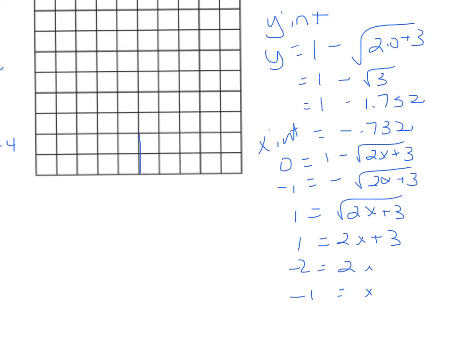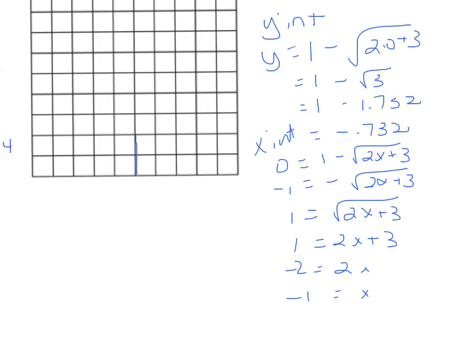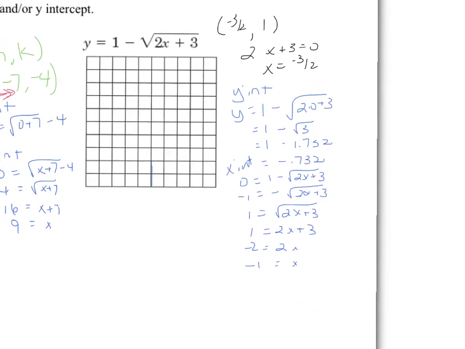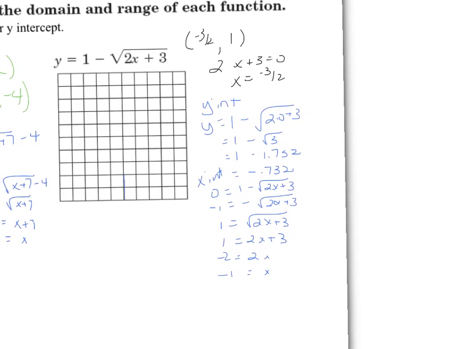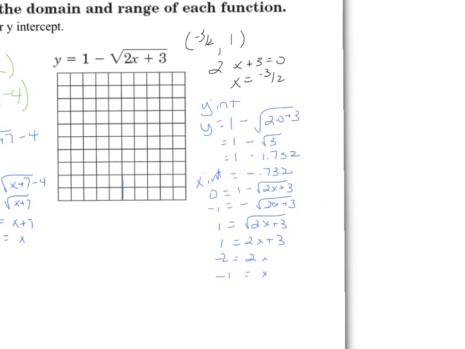So let me shrink this back down again and go over here and put in some axes. I know that I'm going to want some negative stuff, and I know that I need to shift back, so probably something like this will work. And now when I go to graph it, my y-intercept is down at -0.7, so roughly there.